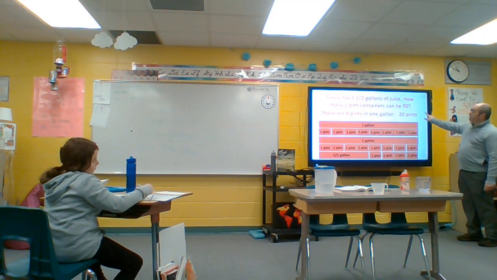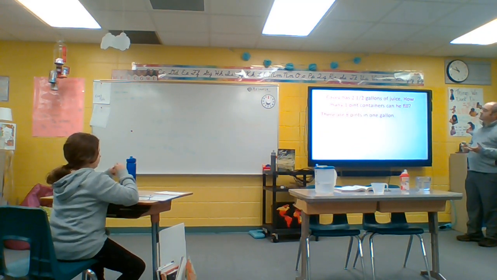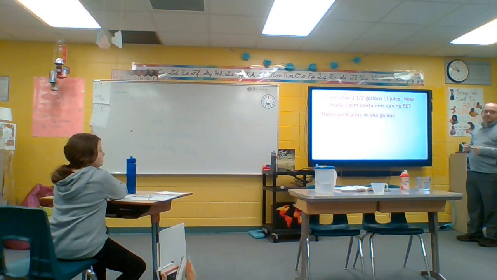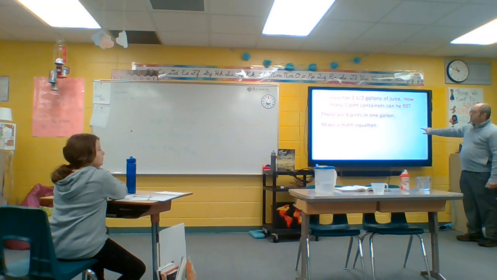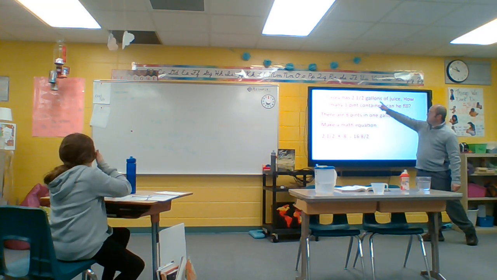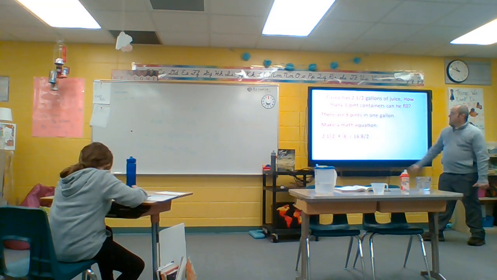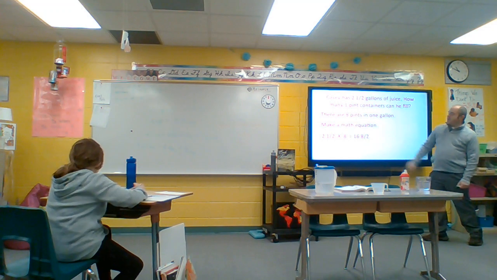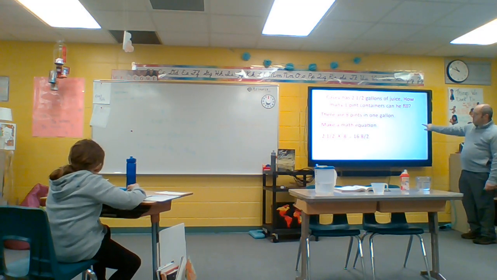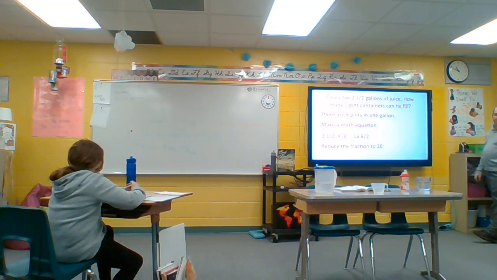Or there's a different way we could do it. If there are 8 pints in 1 gallon, we can make this into a mathematical equation: 2.5 gallons times 8 pints per gallon equals 16 and 8 halves. And then if I reduce it, that comes down to 20. See how I did that?